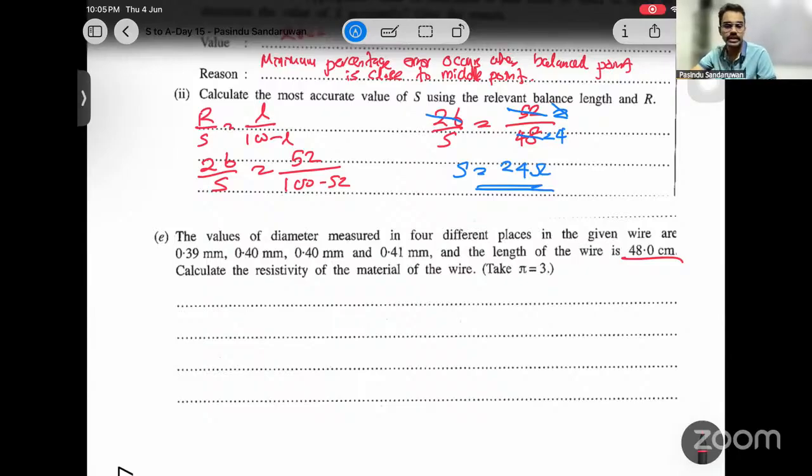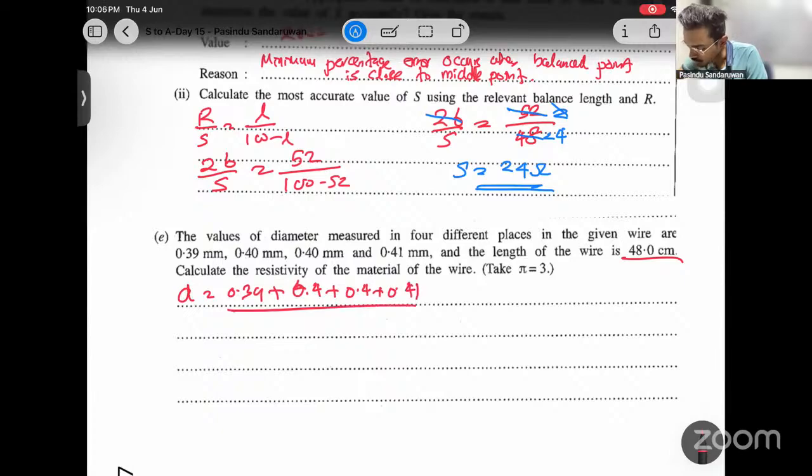For the diameter, we need the average. Average diameter is 0.39 plus 0.4 plus 0.4 plus 0.41 over 4. 0.39 and 0.41 again make 0.4, so the answer is 0.40 millimeters.